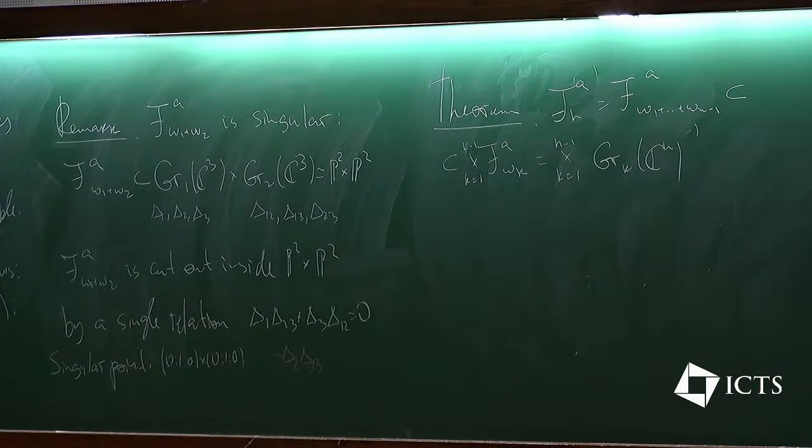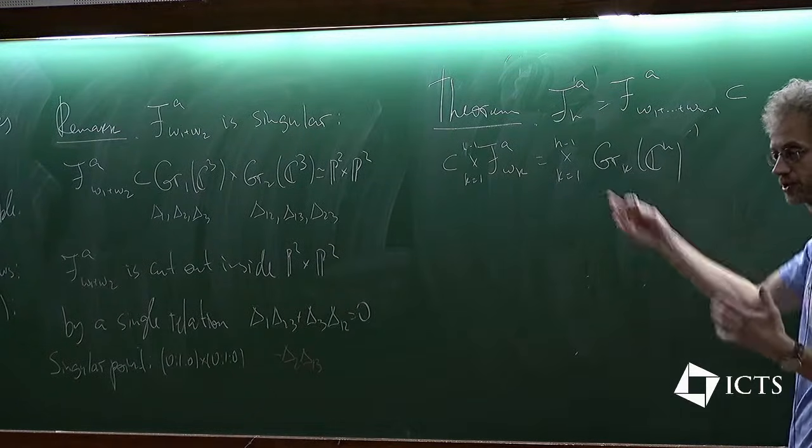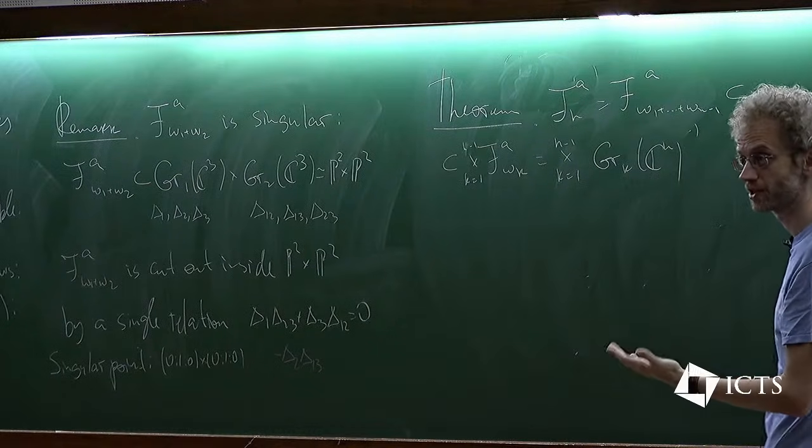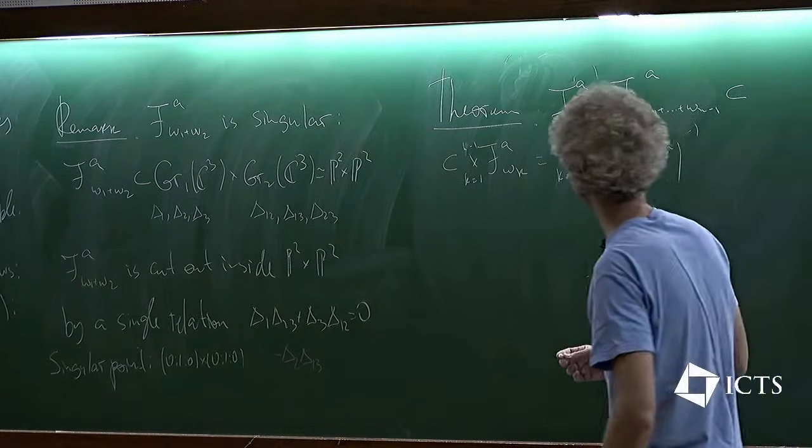Okay, so we've seen that if we have such a weight, we can decompose it into summands, and then each summand corresponds to a Grassmannian. So you can ask what is the image, how does it look like?